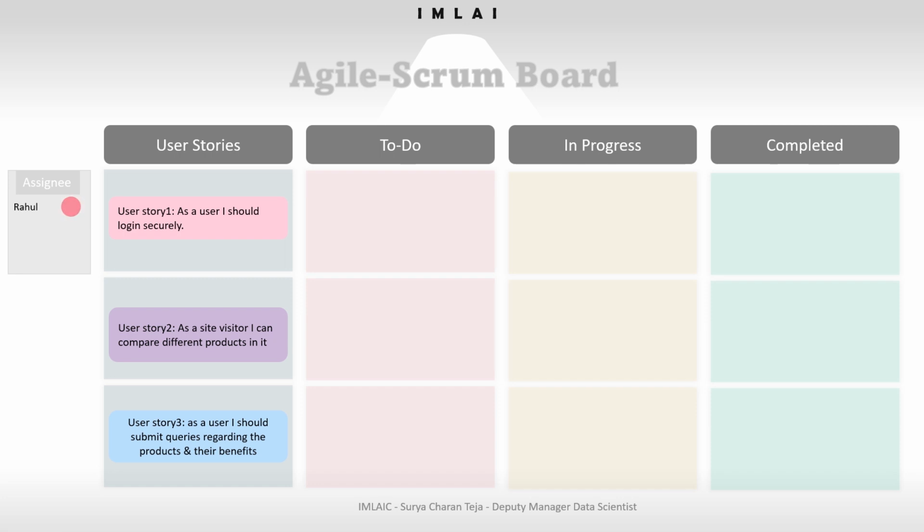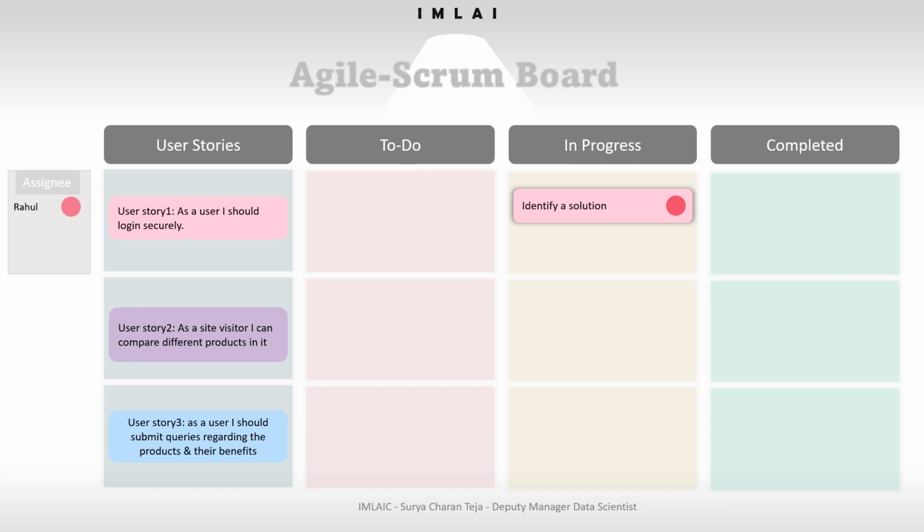Each user story will consist of plenty of sub activities in it. User story one might have plenty of activities, and out of that, other people from different teams might also be involved. So let's take Rahul. For Rahul, from user story 1, some of the tasks are assigned.